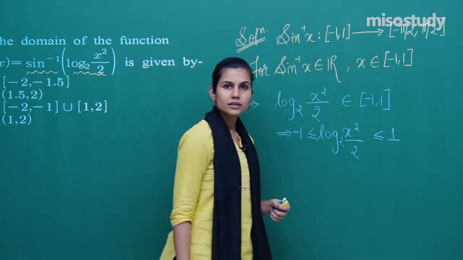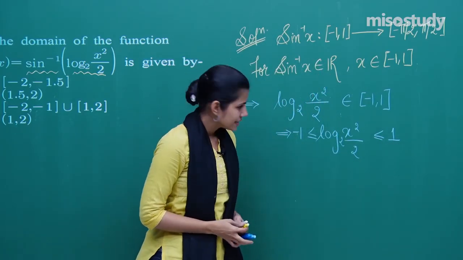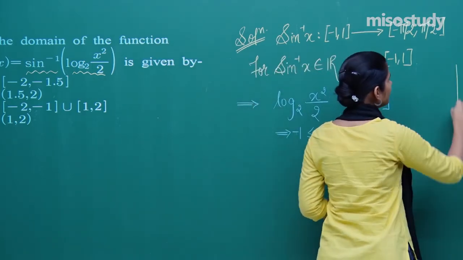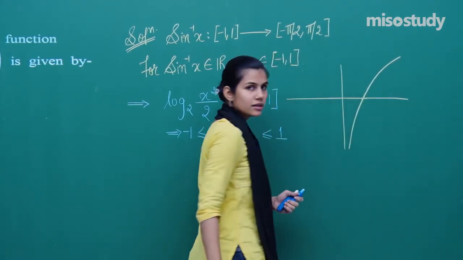log of x square by 2 to the base 2 should be greater than or equal to minus 1 and less than or equal to 1. Why don't we try and draw the graph of log x to the base a where a is greater than 1. The graph is this.